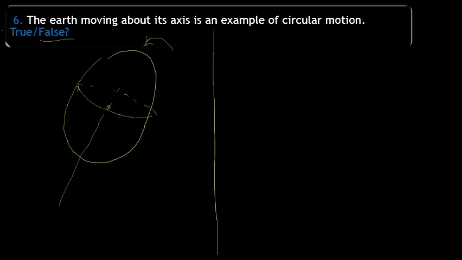The axis of rotation is within the body. Remember we did say previously that for a body performing circular motion, the center has to be outside of the body. So you have this body here, then moving around this central position. But in this case, the center or the fixed point is within the body. Therefore, this is rotational motion, not circular motion.